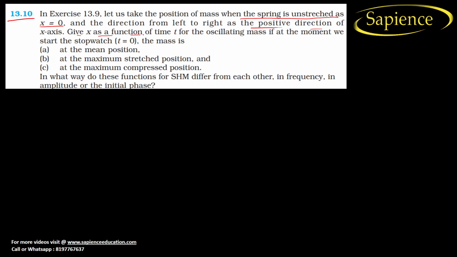Give x as a function of time for the oscillating mass if at the moment we start the stopwatch, t equal to 0, the mass is at the mean position. In what way does this function for S.H.M differ? So exactly what we need to do here is find the exact equation.